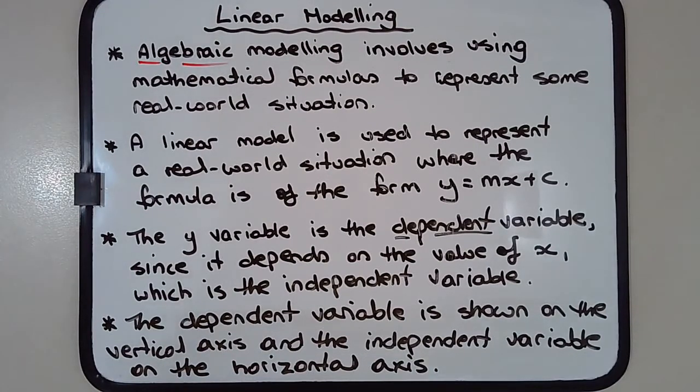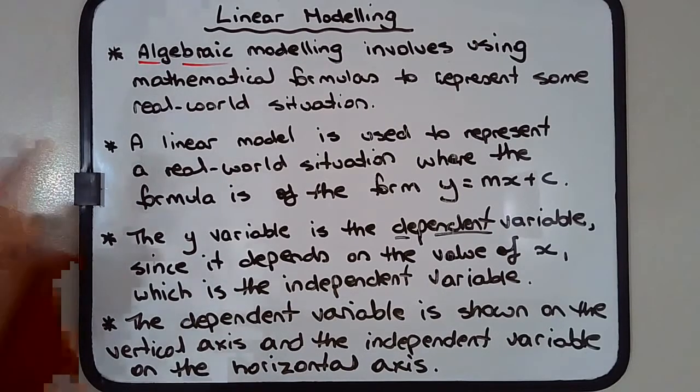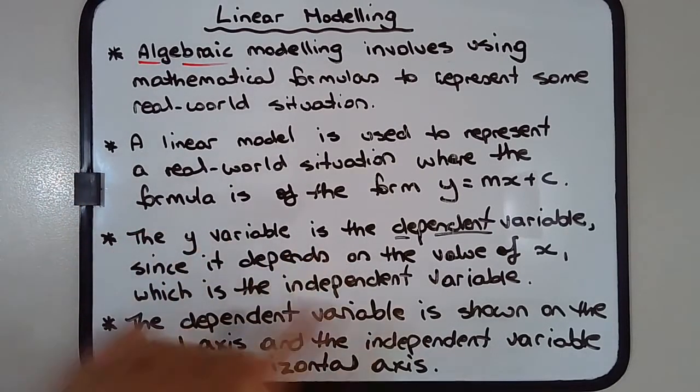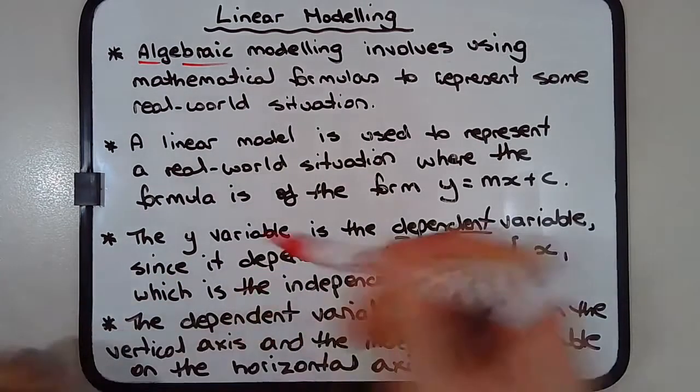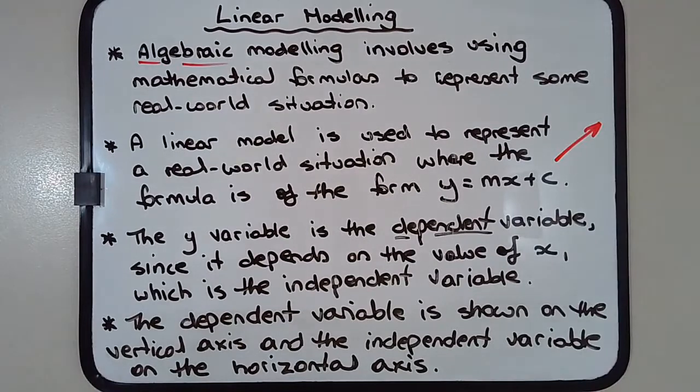It could be used for population growth, for example, or to predict anything really. Okay. Right, so a linear model is used to represent a real-world situation where the formula is of the form y equals mx plus c. In other words, linear, it's a straight line type relationship between the two things we're looking at.